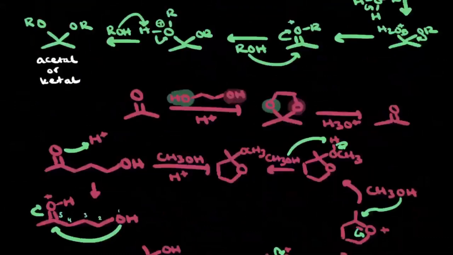All right, so for your imine formation, essentially what you're going to do is take some sort of an aldehyde or a ketone, and you want to react it with a primary amine, okay? A primary amine is just an amine that's bound to one carbon, one R group. So like RNH2, for example.